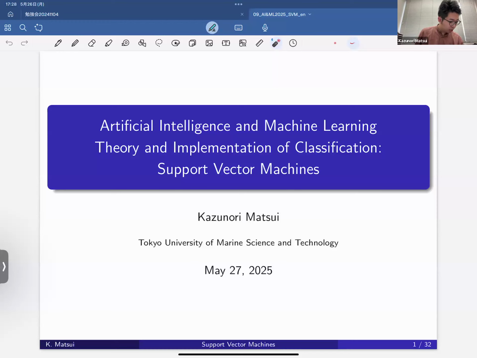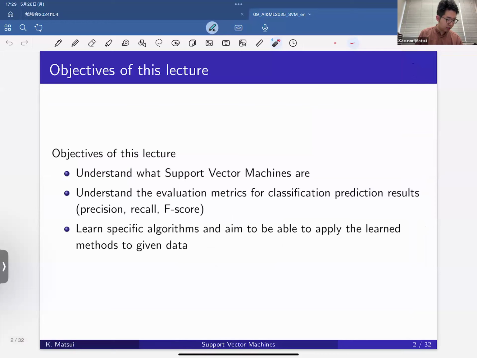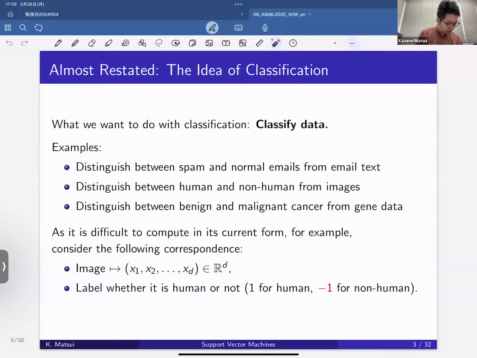Today I will talk about support vector machines. This will be the final session on classification methods. What we want to do with classification is classify data. We wanted to distinguish whether an animal in an image is a dog or a cat, or whether email text is spam or a normal email.